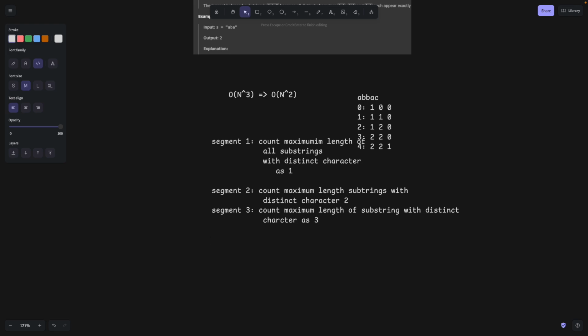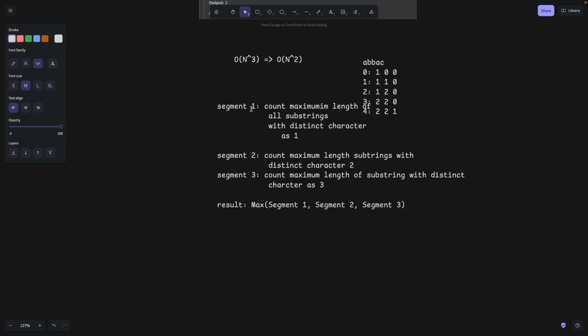And at the end, the result will be the maximum of all segments, right? Either we can choose segment 1 or segment 2 or segment 3. So this is going to be the result.